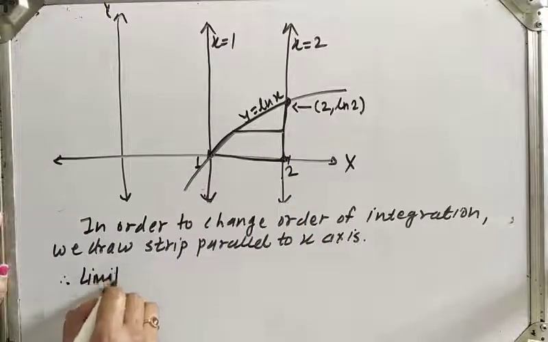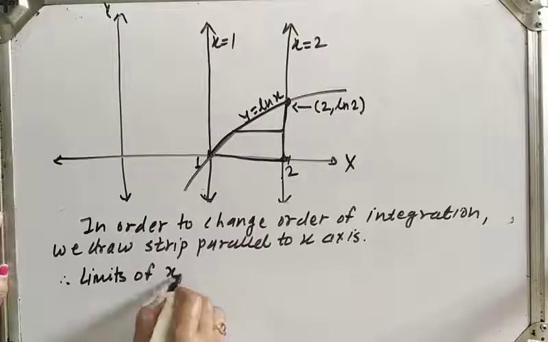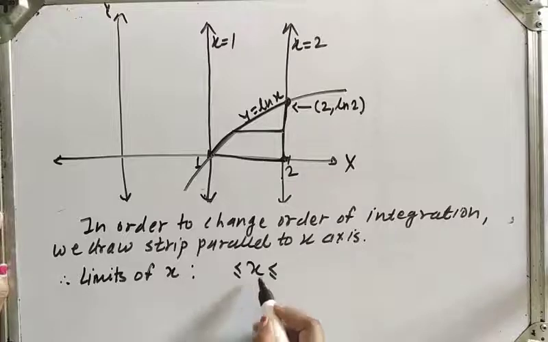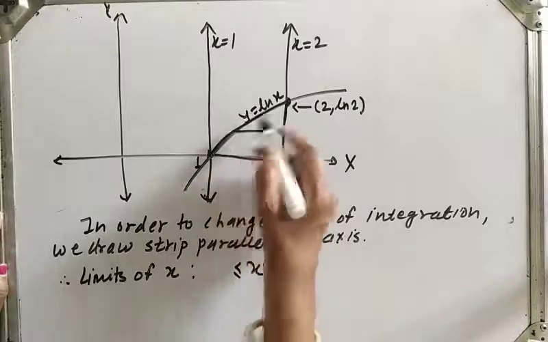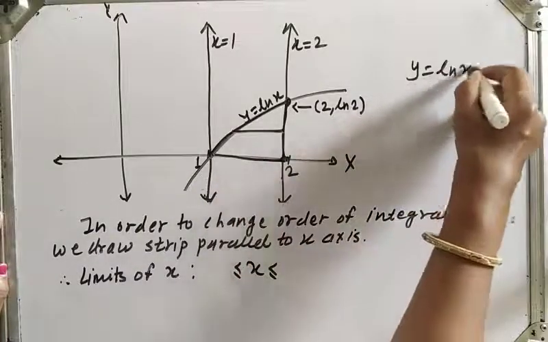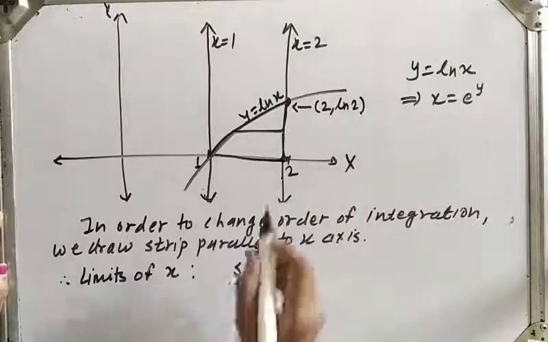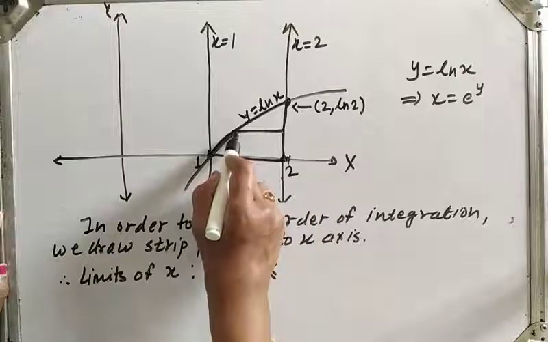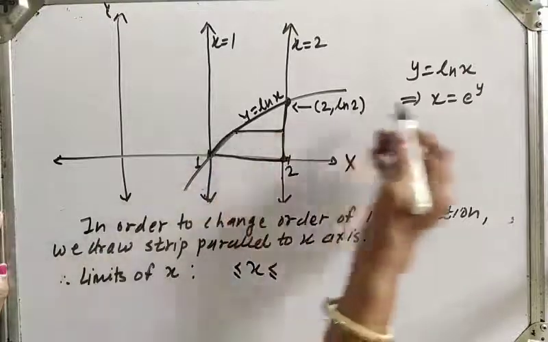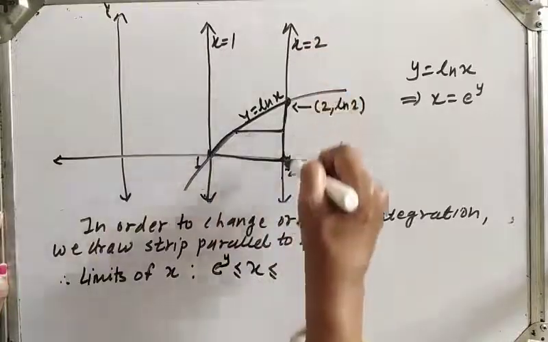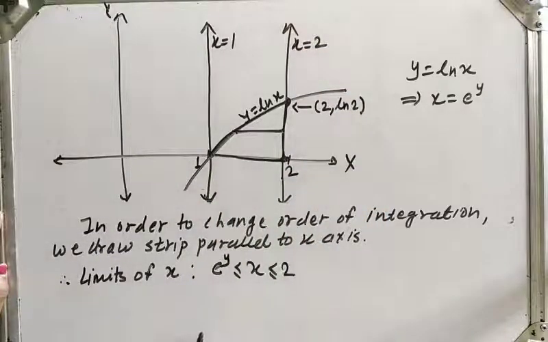Therefore limits of x, what are the limits of x? Lower limit of x: y is equal to log x means x is equal to e raised to y. So this strip touches on the left hand side this curve, whose equation is x is equal to e raised to y, and on the right this strip touches x is equal to 2, so the upper limit is 2.